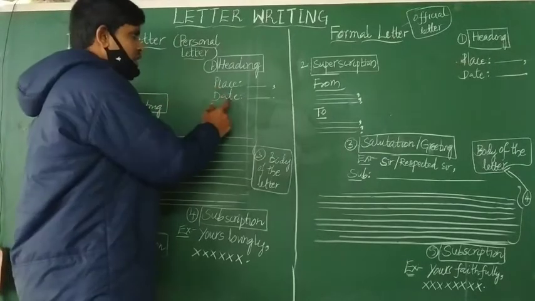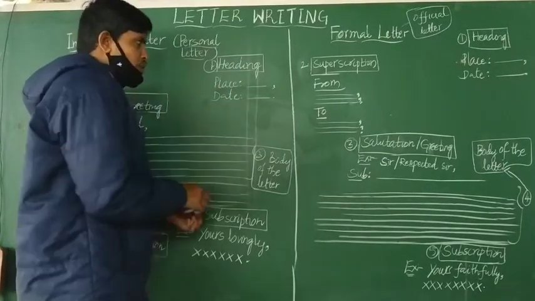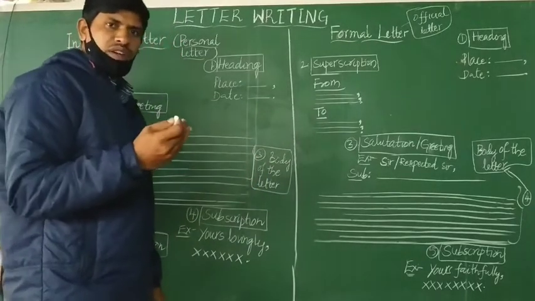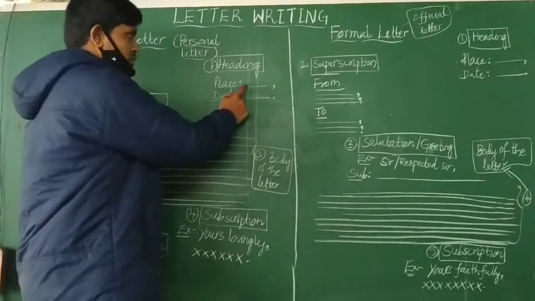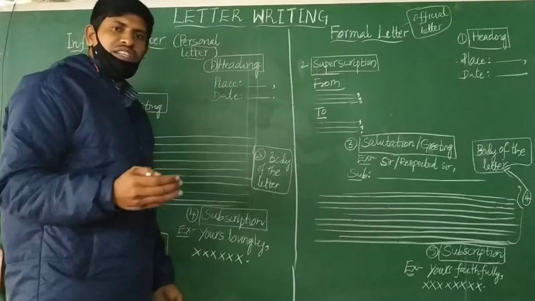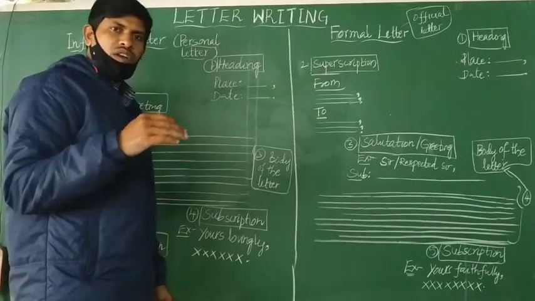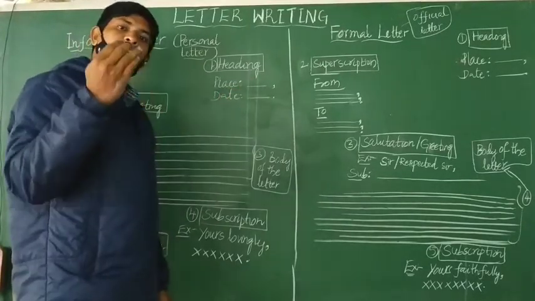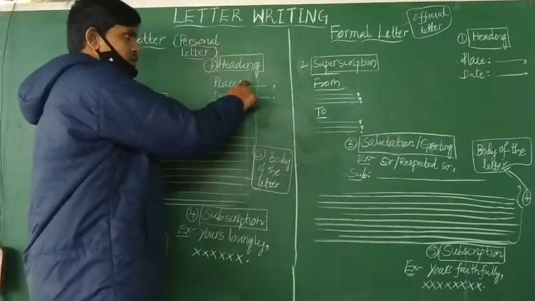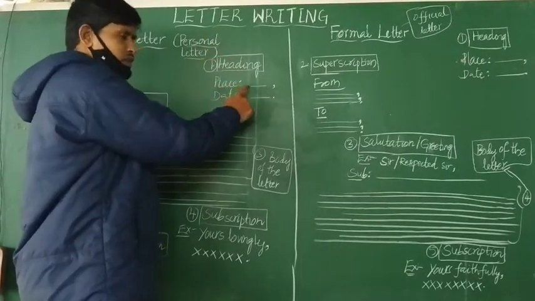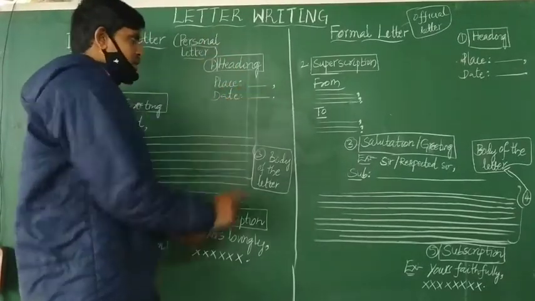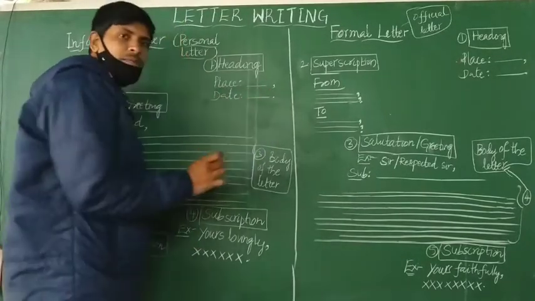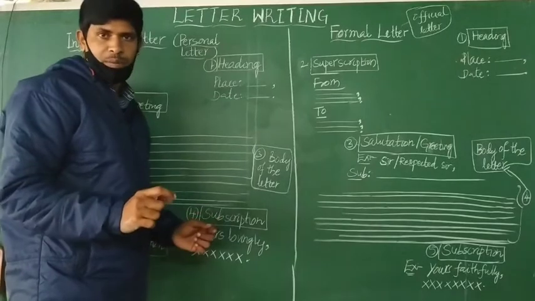You have to mention the date of the day you are writing the letter. And the place: you have to write the place from where you are writing. For example, if you are writing from Achenpeta, you have to write Achenpeta. If you are writing from Guntur, write Guntur as the place. Next, after the place you have to keep a comma. Punctuation marks are very important.